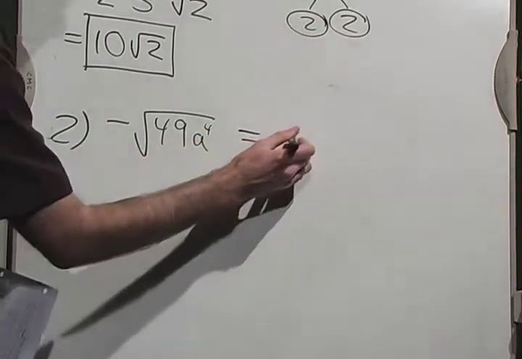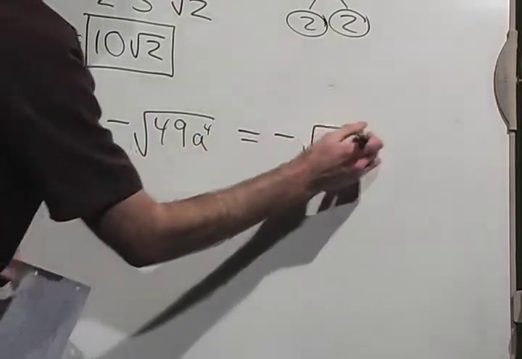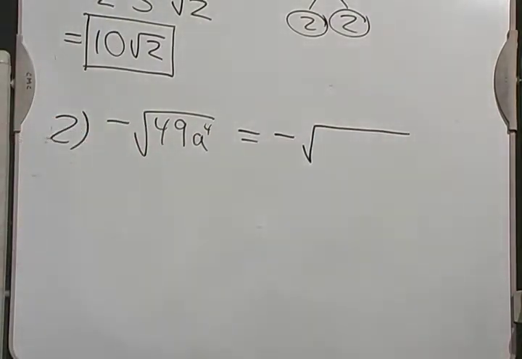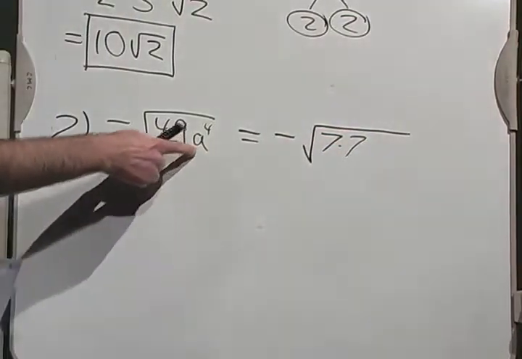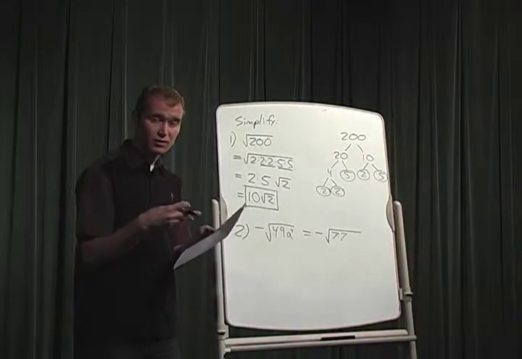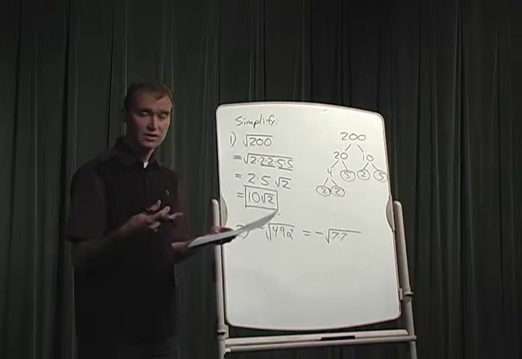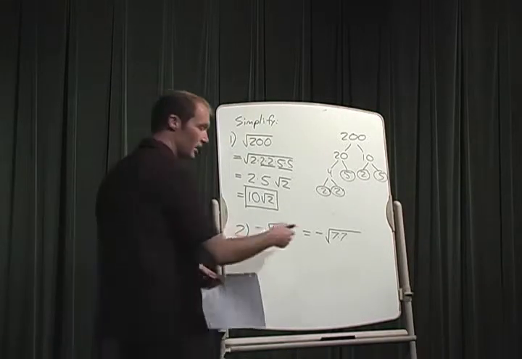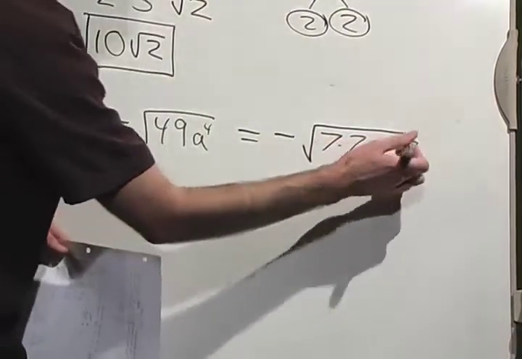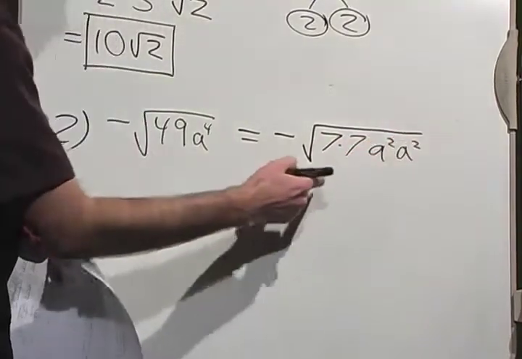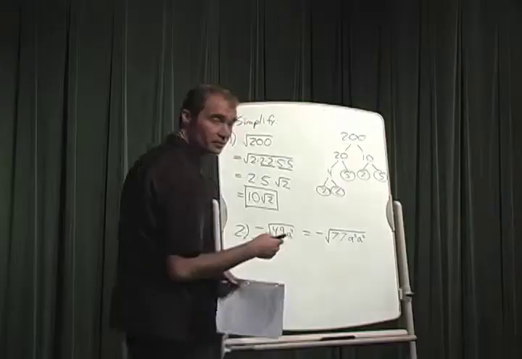So I'm going to write negative, and then 49, I already know that that's just 7 times 7. Now, I could break down a to the 4th into 2 factors that are completely equivalent. I could break this down into a squared times a squared. When you write this, make sure that your radical symbol goes all the way to the end.